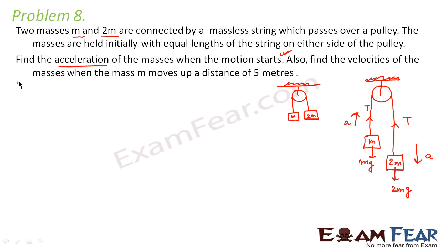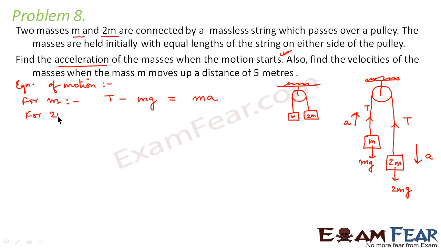Let us write the equations of motion for both the masses. For m, since it is moving up, the equation would be T minus mg, because T should be more than mg. T minus mg is the net force, and this will be equal to mass into acceleration, so it will be ma.